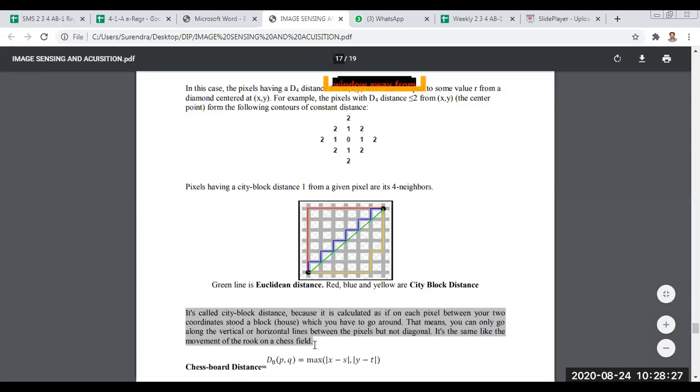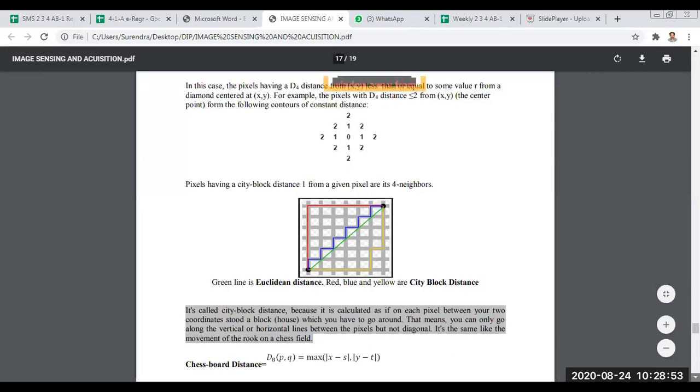The reason is that the movement is like the rook in a chessboard. The rook moves from one point to another either in an L shape or staircase shape. Due to this, it is also called city block distance or chessboard distance.